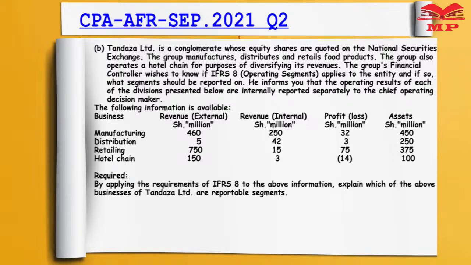We have revenue external, revenue internal, profit or loss, assets, shillings in millions, for business: manufacturing, distribution, retailing, hotel chain. By applying the requirements of IFRS 8 to the above information, explain which of the above businesses of Tandaza Limited are reportable segments.